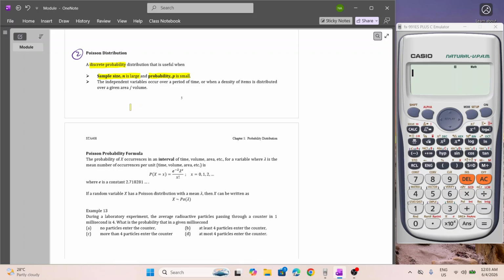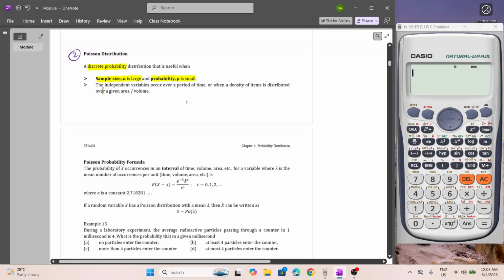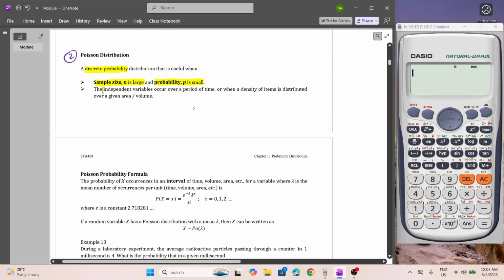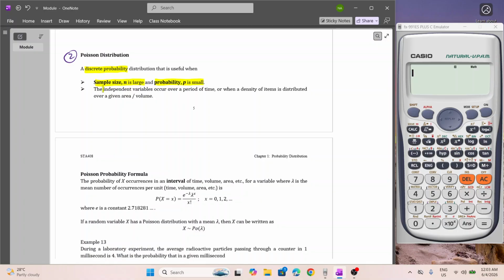And to use the Poisson distribution, it usually depends on the situation where independent variables occur over a period of time or when a density of items is distributed over a given area or volume.